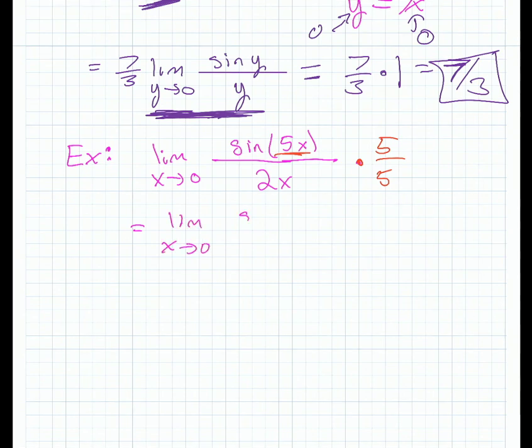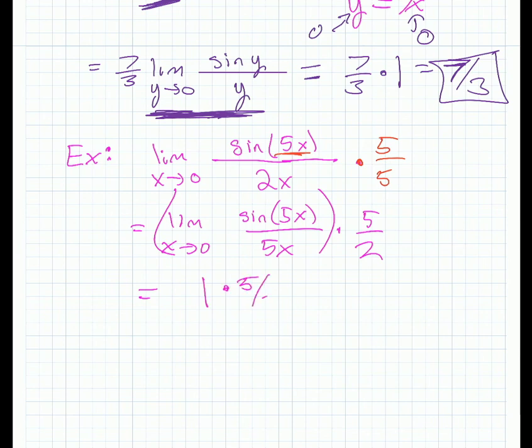Rearrange this as sine 5x over 5x, and then you have a 5 and a 2. Just switch around the 5 and the 2 in the denominator. And then when you do the limit, you can just say that that's 1, and then you have the 5 over 2. You don't have to rewrite it as many times as I did previously. And so that would be 5 over 2.